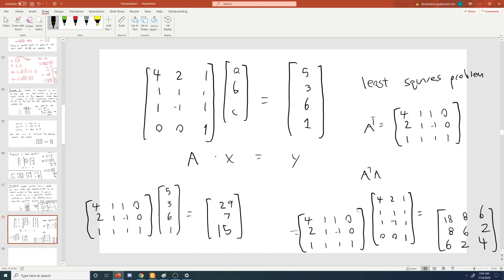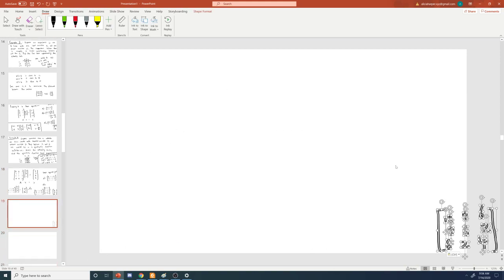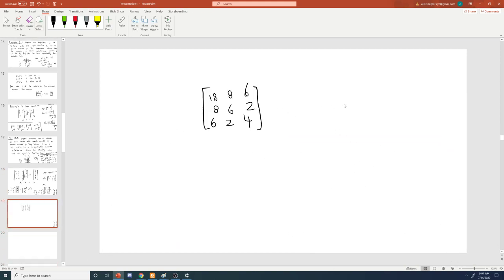And so this gives me A transpose times Y. And now I can actually write down the linear system of interest to me. So I'm going to go to a new slide. And what I want to solve is this linear system. So 29, 7, and 15.